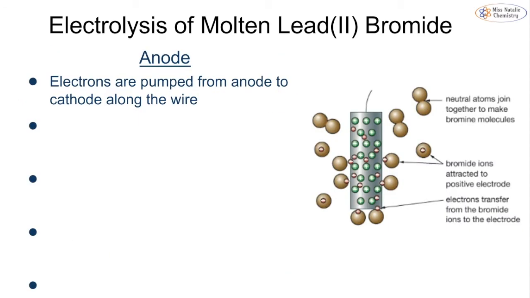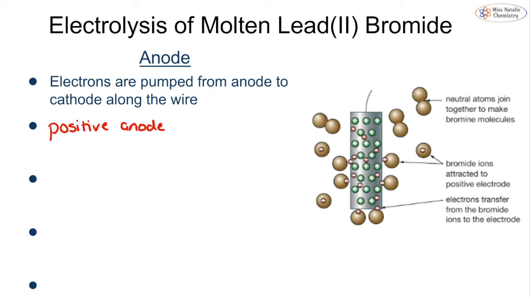If we switch it over now to the anode, this is happening at the same time as what's happening at the cathode. So what happens here is when we're turning on our power, our electrons are moving away from the anode because we've said they're being pumped towards the cathode, and that's along the wires. So when that happens, we then get a positive anode because it's losing all of those electrons.